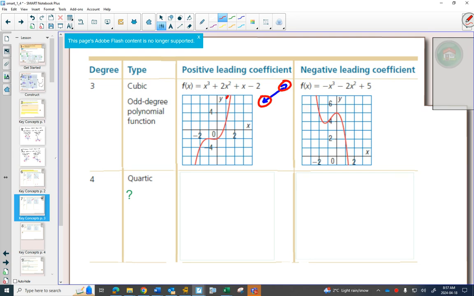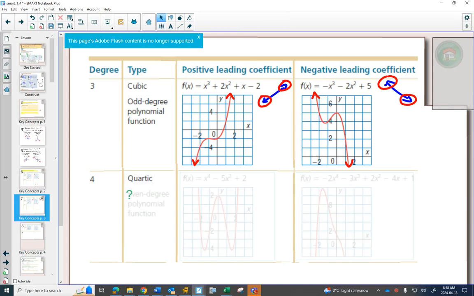Notice that this graph has arrowheads bottom left, top right. And here I see an x cubed. I think of a line with a negative slope. I think about my end behavior of a line. And sure enough, this one started top left, ended bottom right.